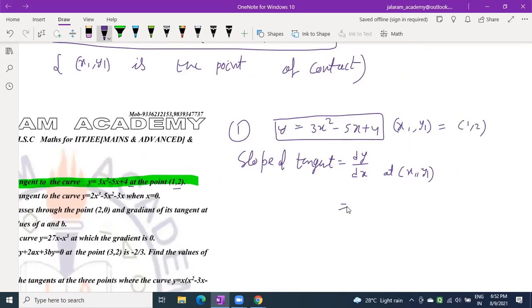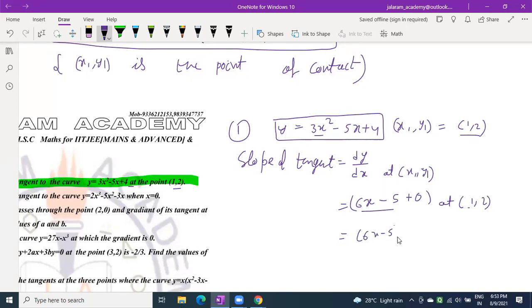Now first of all, find the dy by dx. Differentiation of 3x square is 6x. Differentiation of 5x is 5 into 1. Differentiation of 4 is 0. And this is at x1 comma y1, meaning at 1 comma 2. It means the value of x is taken as 1, though it doesn't contain y.